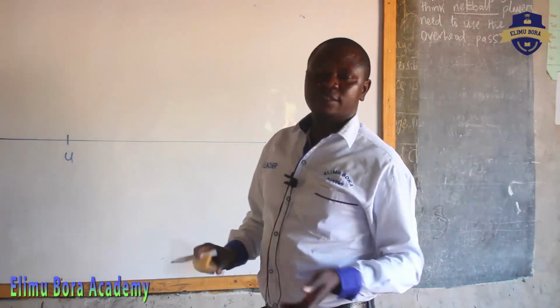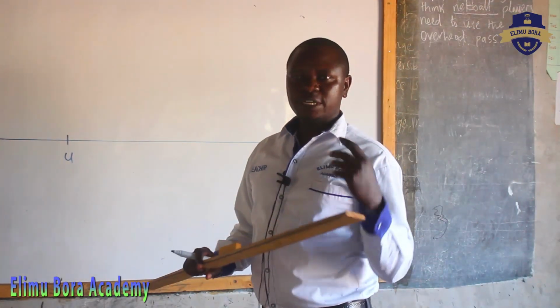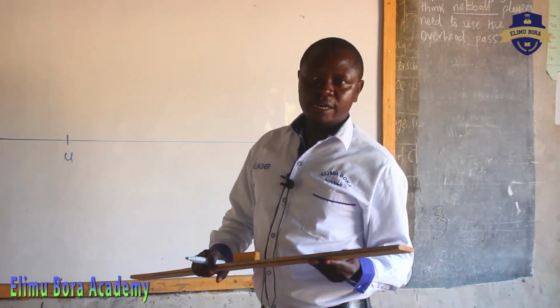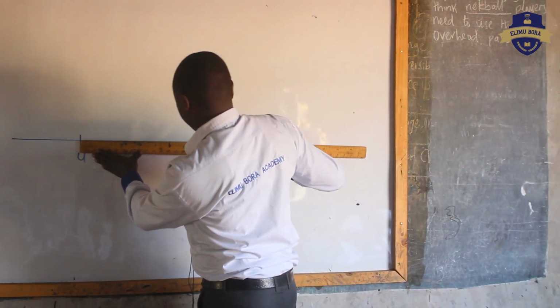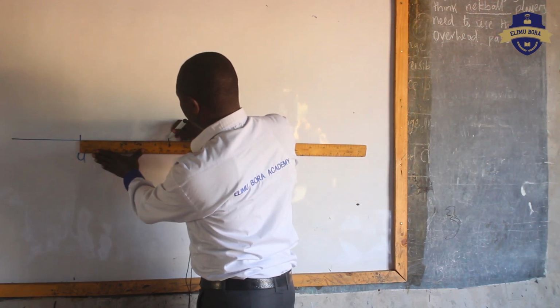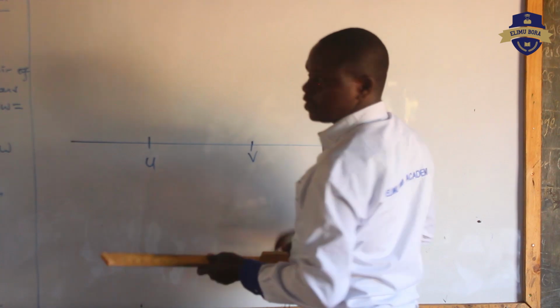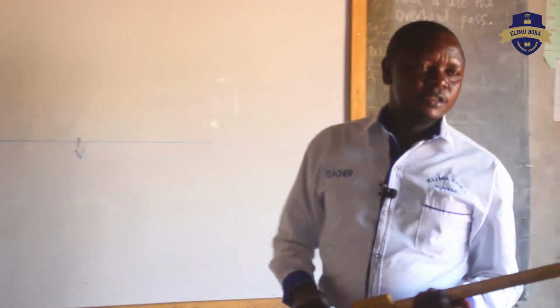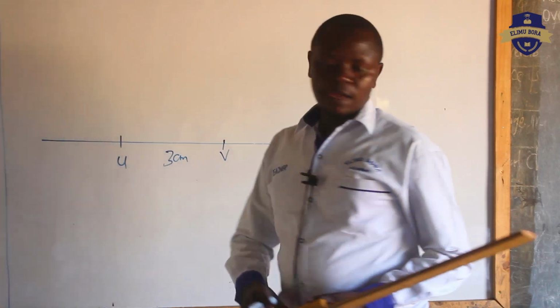For my case, I'm not going to use 3 centimeters, I'm going to magnify. I'm going to use 30 centimeters. Tunaelewana? So this is my 30 centimeters. It is at this point. So that is our point V. So that is your 3 centimeters.